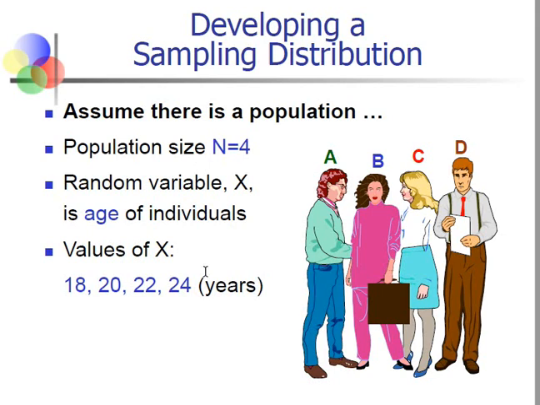Now, if we decide to pick a sample of just 2 individuals, how many can we choose? We can choose A and B, B and C, C and D, but we can also choose A and D. There are a lot of ways we can choose, especially if we are sampling with replacement.